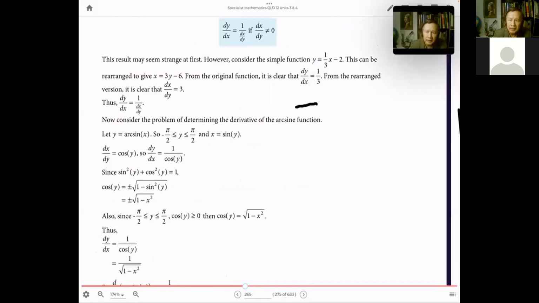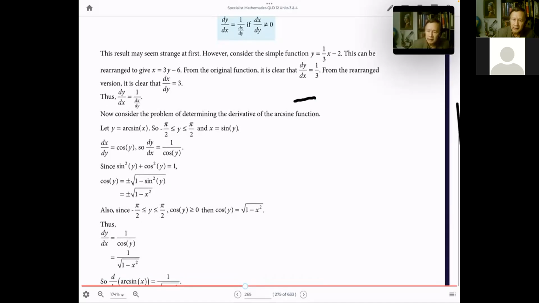Can you see? So this result is strange. But they just use this example to derive the first example, which is a linear function. So what they do is use this special example, the linear function, to show how to use this simple relation, namely to treat the derivative as a fraction, dx/dy as a numerator or denominator.